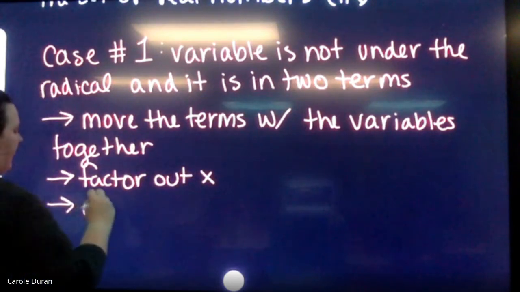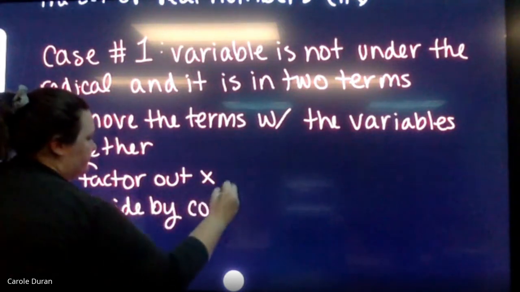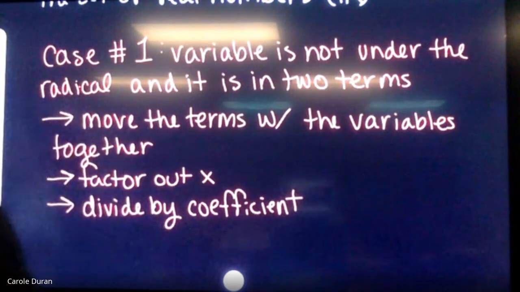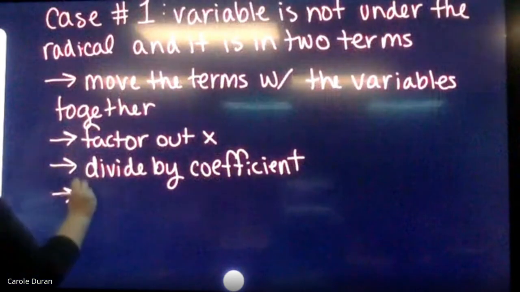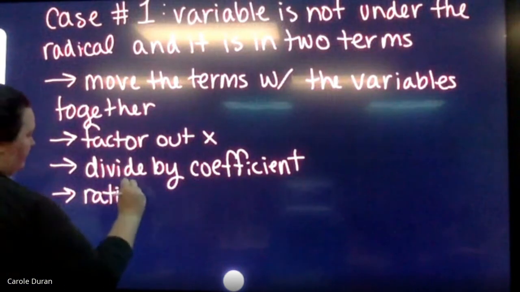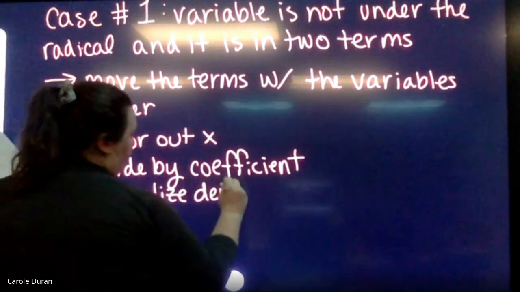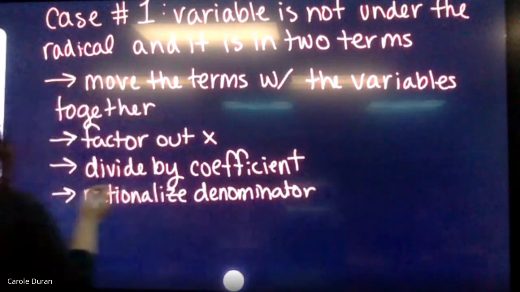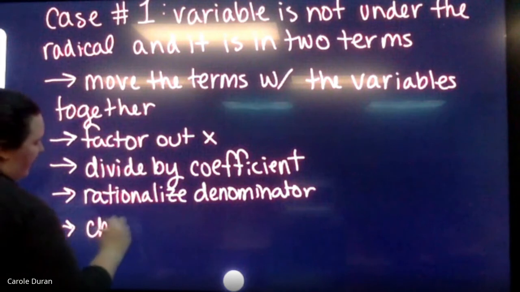Step 3 is to divide by the coefficient, or whatever is still being multiplied into the x. Step 4 is to rationalize the denominator. And step 5 is to check our solutions.